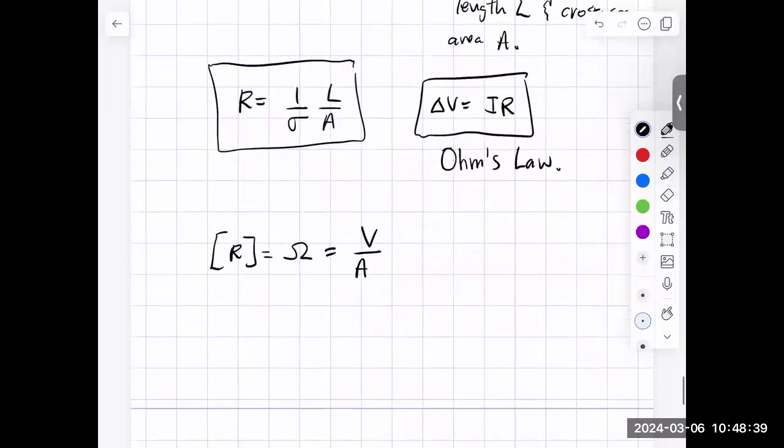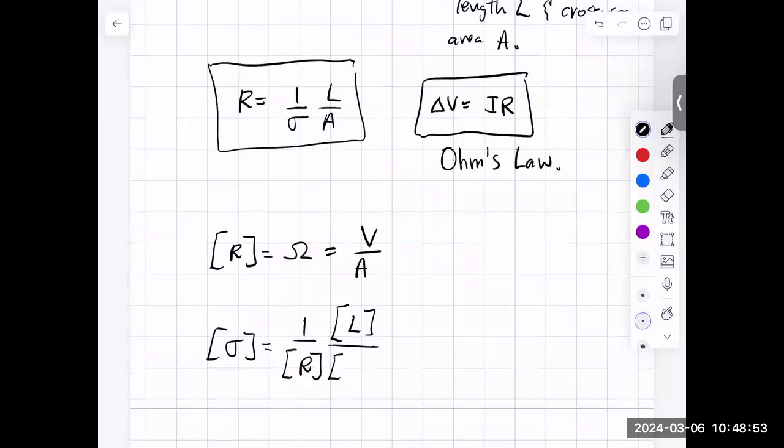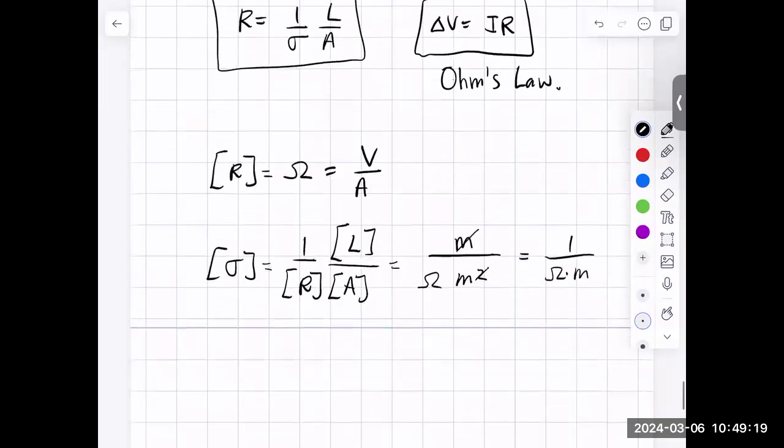Okay, so that means the units of sigma, let's see, if we solve for sigma, that would be 1 over R times the units of L divided by the units of area. And so that is going to be meters for the length, ohms for resistance, and meters squared for area. And so we can cancel one factor of meters. And so this is 1 over ohm meters. So the units of the conductivity sigma is 1 over ohm meters.